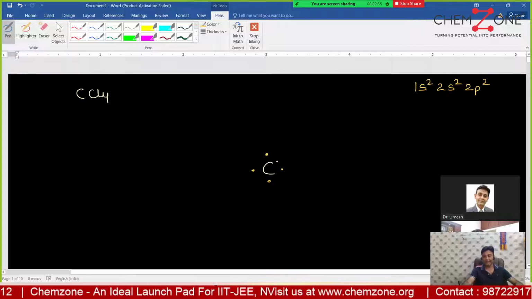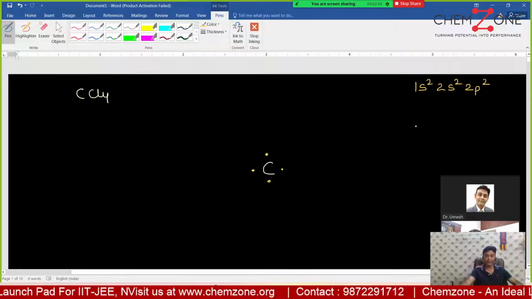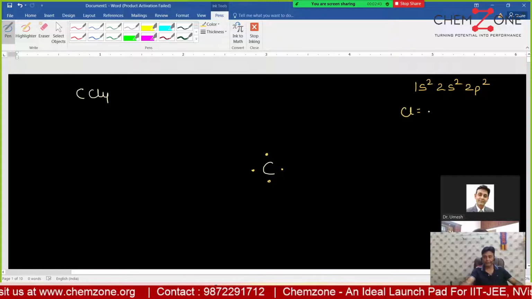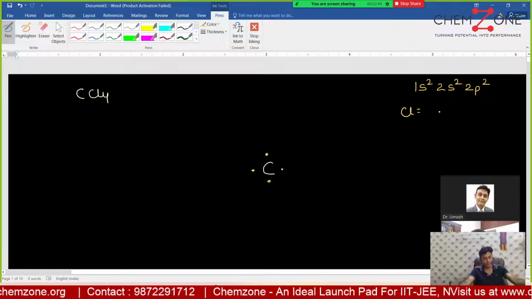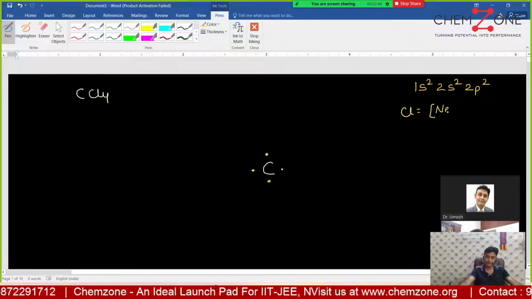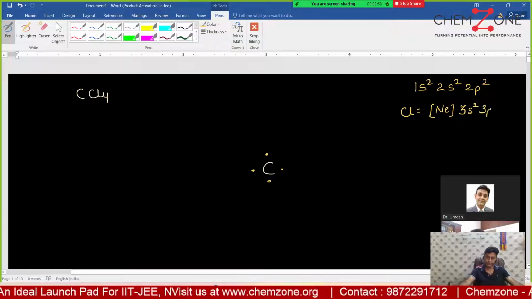Similarly, the other element is chlorine, which is combining with it. Atomic number of chlorine is 17. Electronic configuration: 1s2, 2s2, 2p6, 3s2, 3p5.